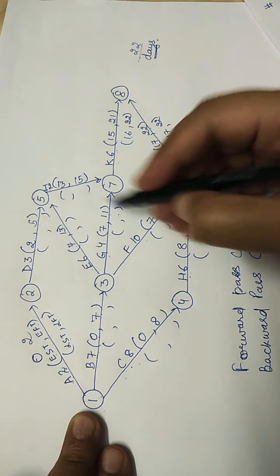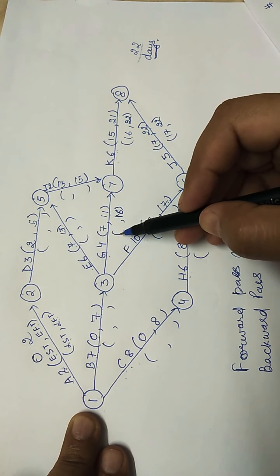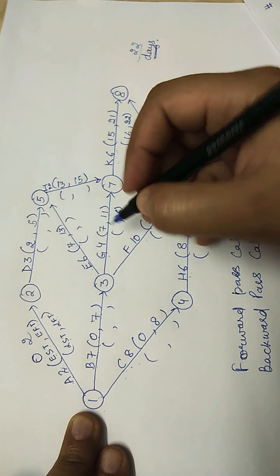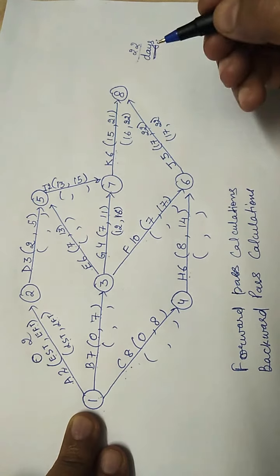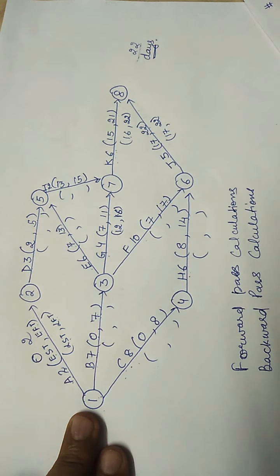So this 16 is the latest finishing time for G. And what will be the latest starting time? 16 minus 4, 12. Similarly, we will be calculating all the values, and it is a very simple procedure.